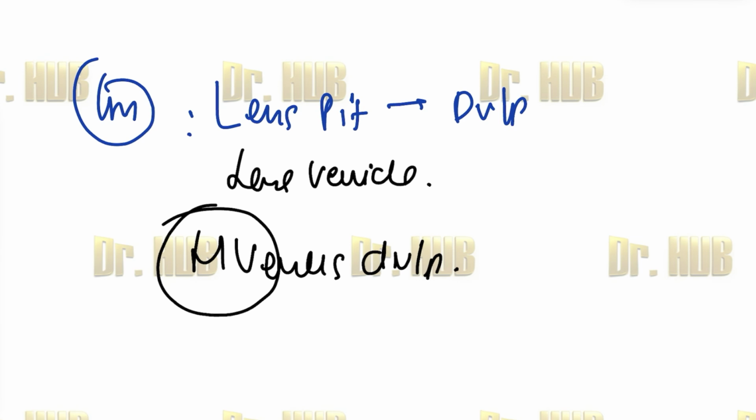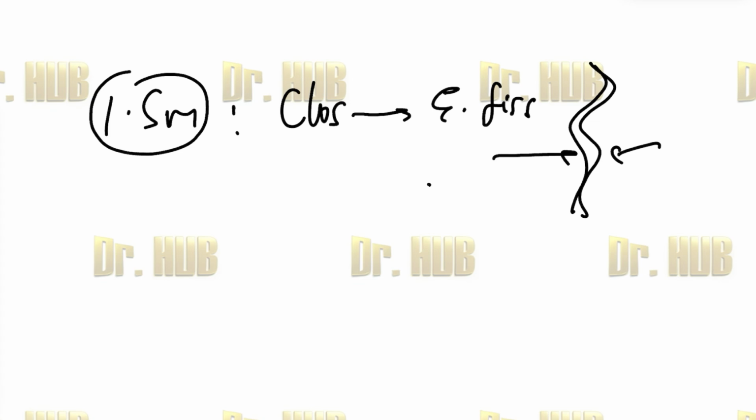We spoke about 3 weeks, 4 weeks, and around 1 month, and now 1.5 months. At 1.5 months there is closure of the embryonic fissure. There is also differentiation of the retinal pigment epithelium, RPE.